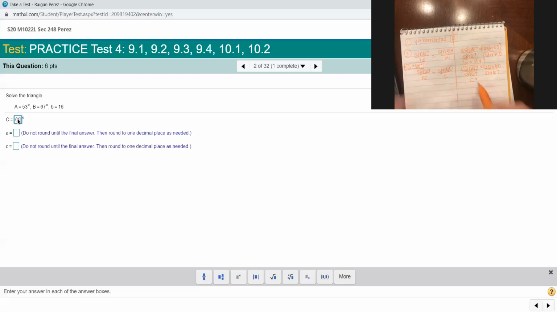So C equals, since I showed you how to enter it once, I'm not going to stick the calculator under there, but you do the same way. And I got 15.05, so that rounds to 15.1. So we type those in. A, we got 13.9. C, we got 15.1. Law of sines.